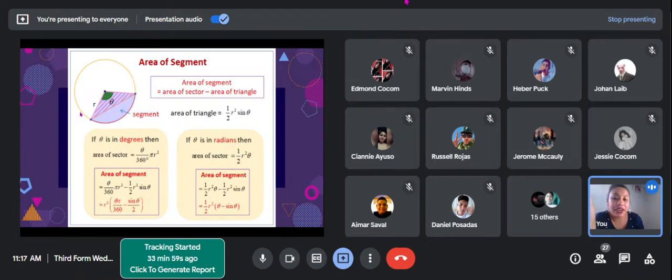Taking a look at this diagram, you basically have a sector right here. See the slice that is here? This is a sector. But a sector is made out of a segment. And what is this shape that has three sides?